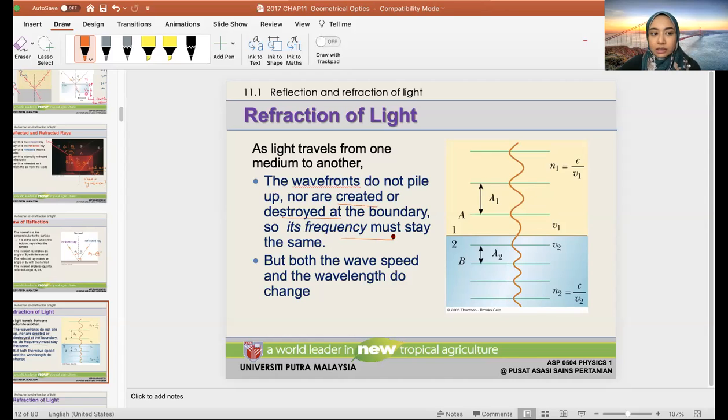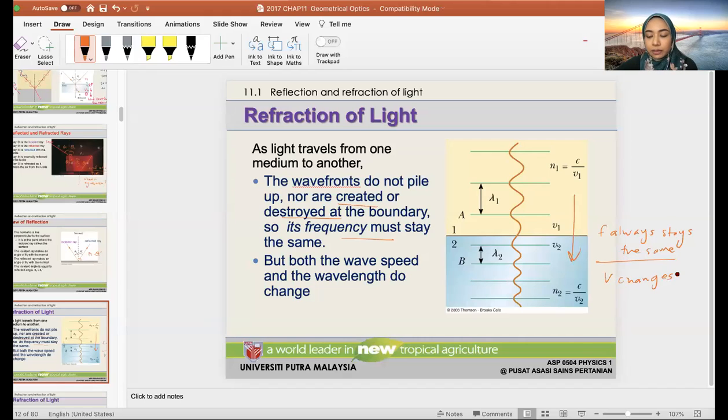Okay, we've learned this about sound waves as well. When sound is transmitted, the frequency stays the same even though everything else changes. Same with light waves. Traveling through two different mediums, the frequency always stays the same. F always stays the same. And we know that the speed changes.